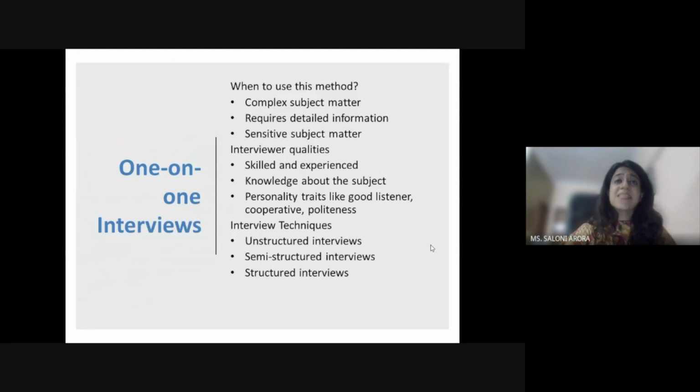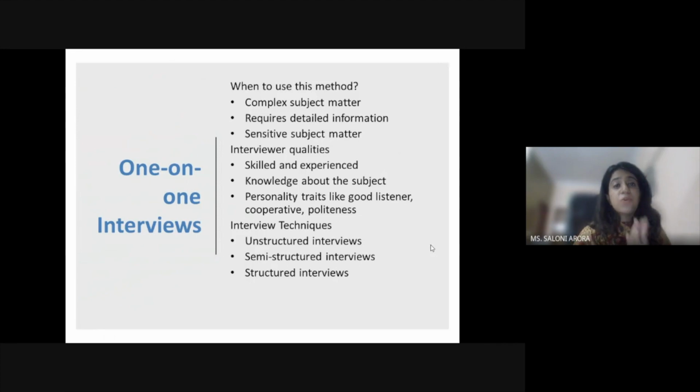And again, sensitive subject matters. When you're in a group or when you're just getting a survey, you might ignore a sensitive matter. You might not be comfortable speaking about it.